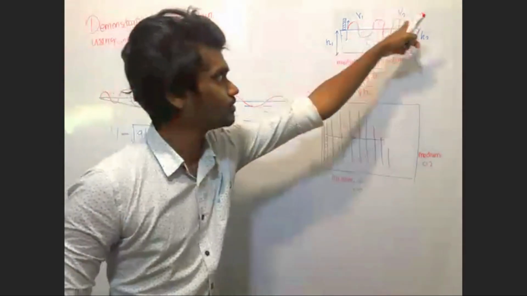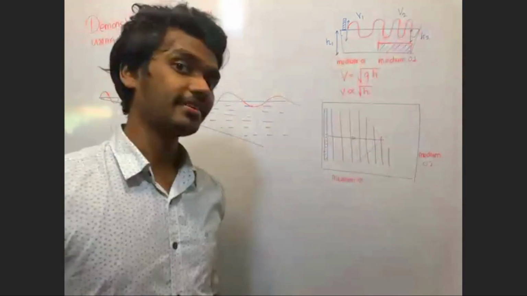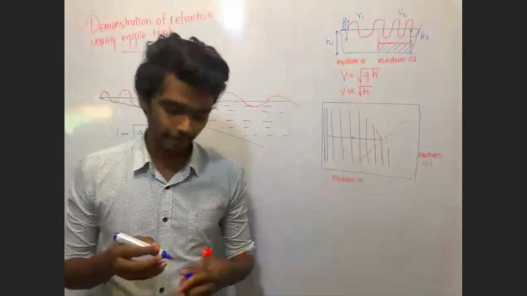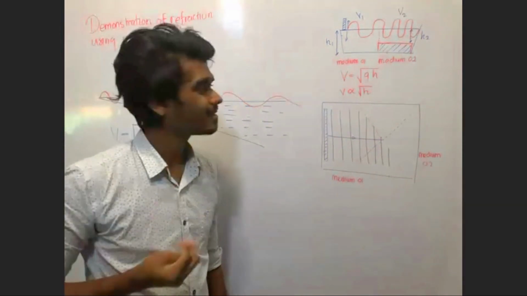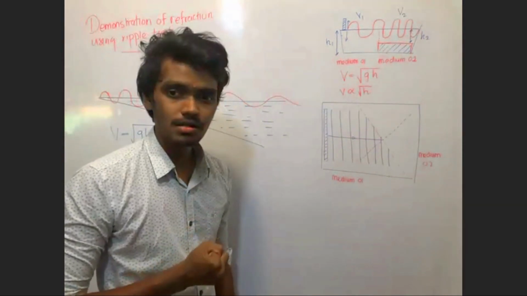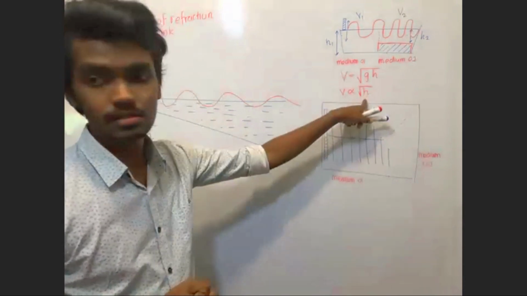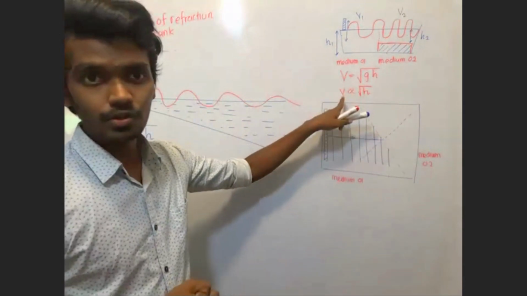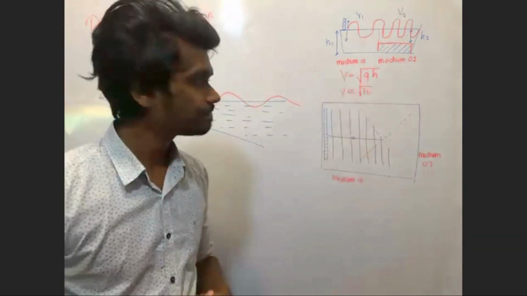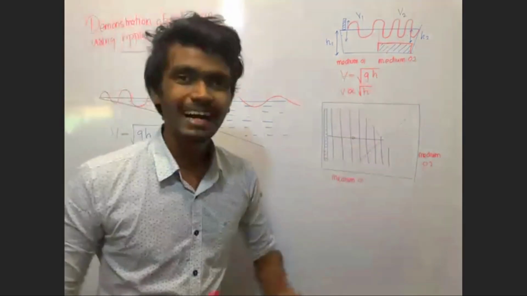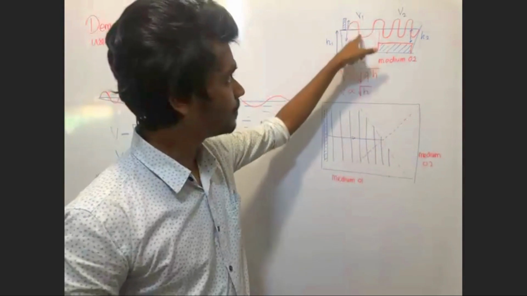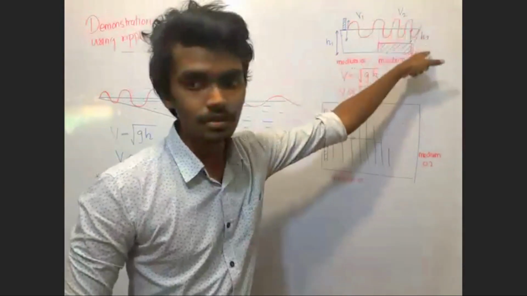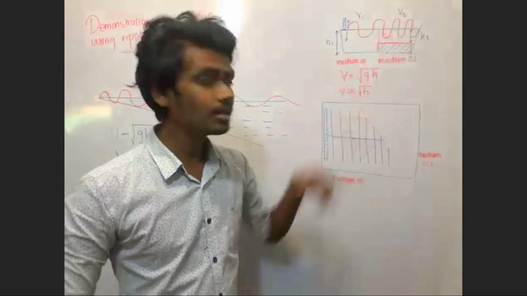So what can you say about the velocities V1 and V2? Who is higher and who is lower? How will you decide that? Velocity of a water wave is directly proportional to the depth.